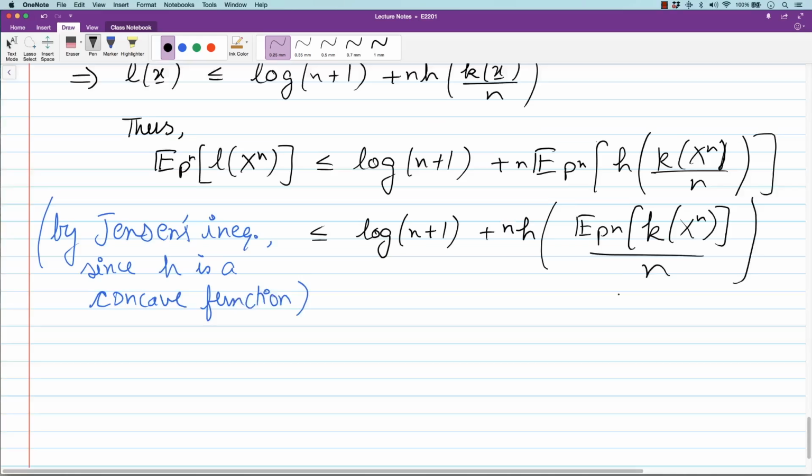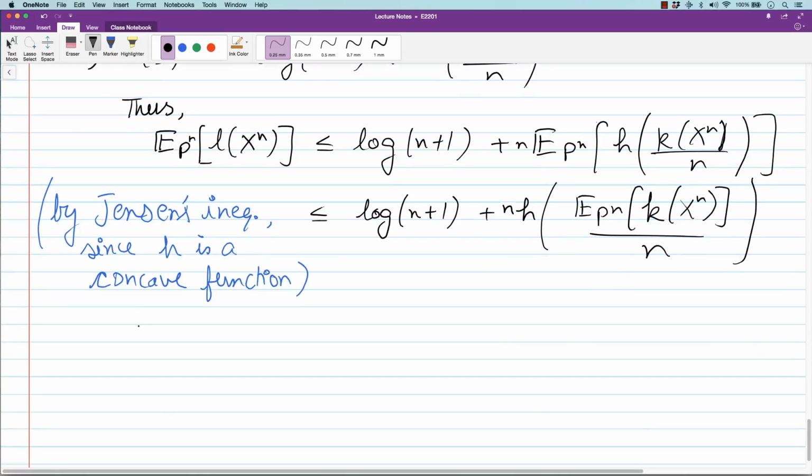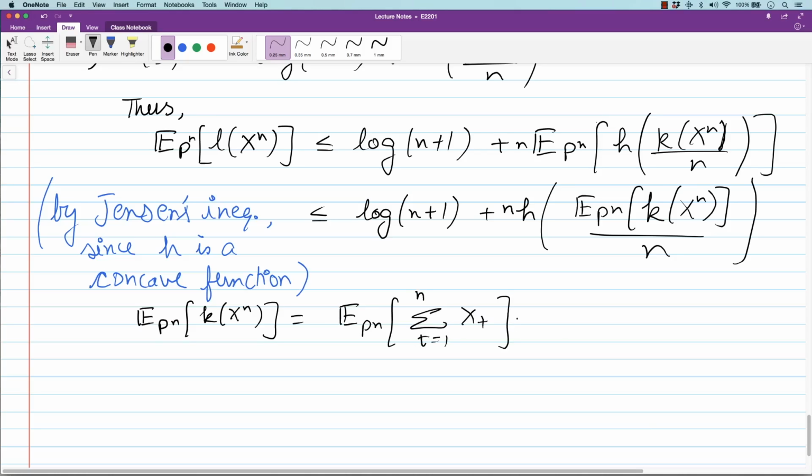So what is this expectation? Let's look at this expectation: the expected value under p^n of k of x^n. This is the number of ones in a sequence x^n. How many ones do you see here? One way to see this is that the number of ones in the sequence is nothing but summing over all x_t, because x_t takes the value just 0 or 1.